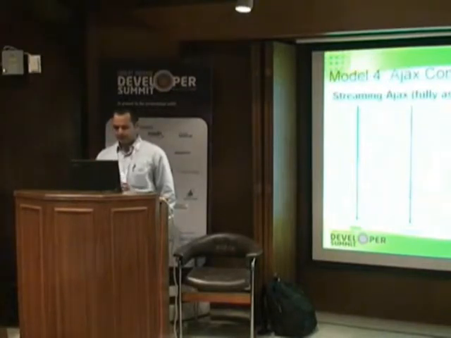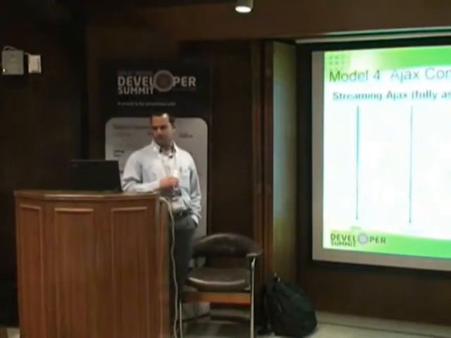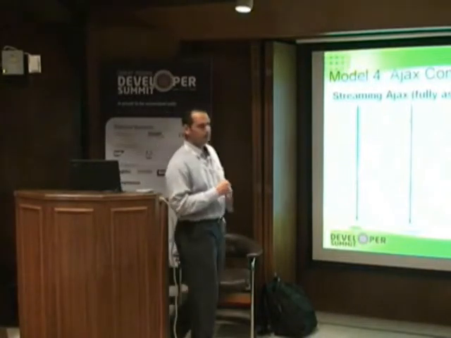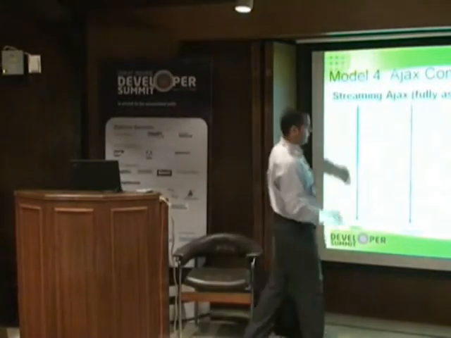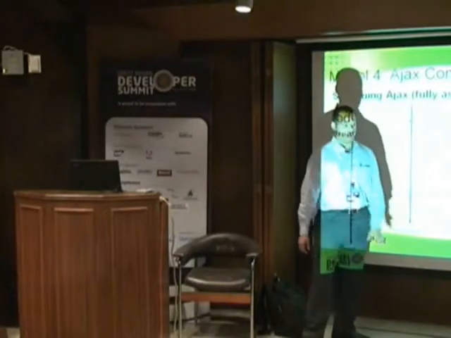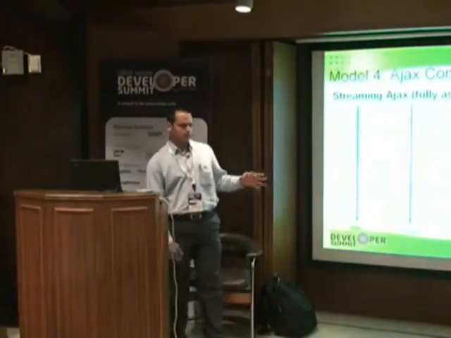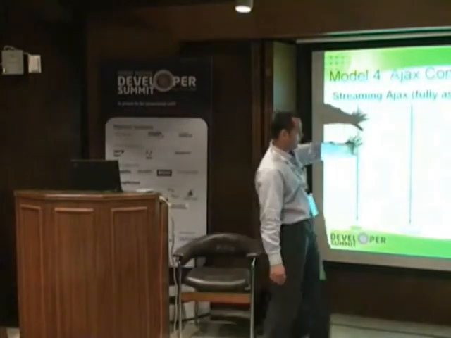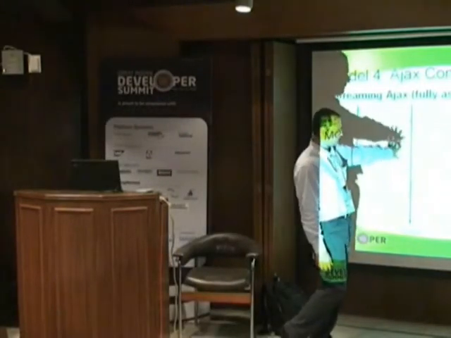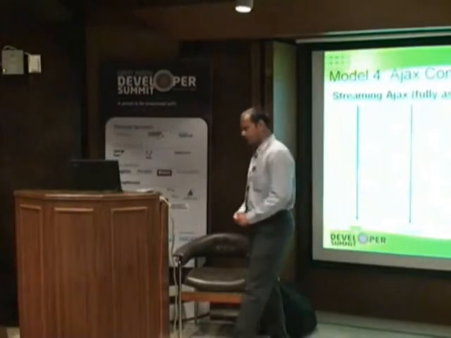And then there's streaming AJAX, which is fully asynchronous, but this basically uses some features of HTTP 1.1. It basically sends multiple requests and replies on the same HTTP connection.